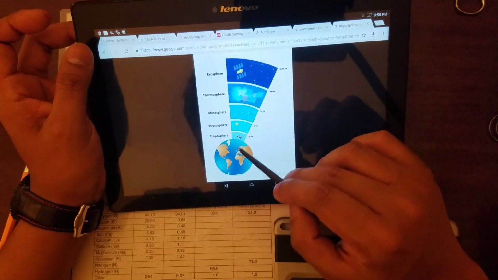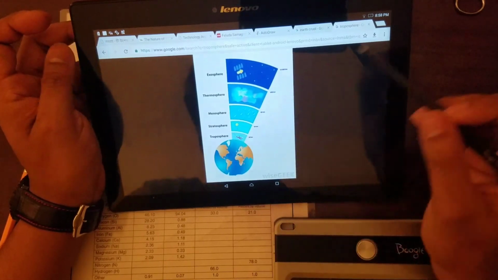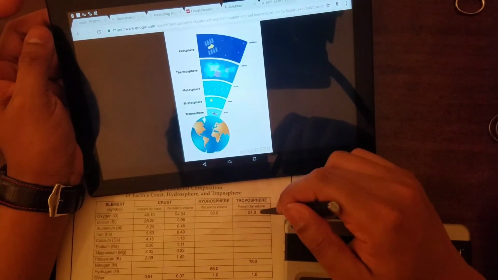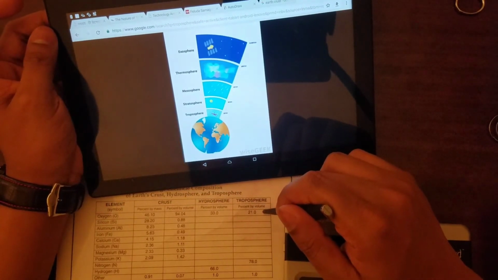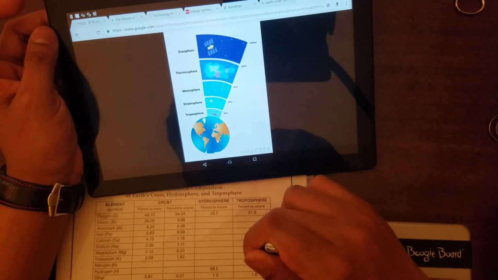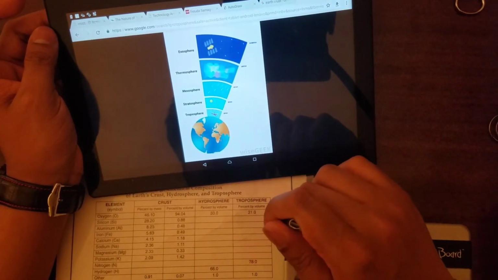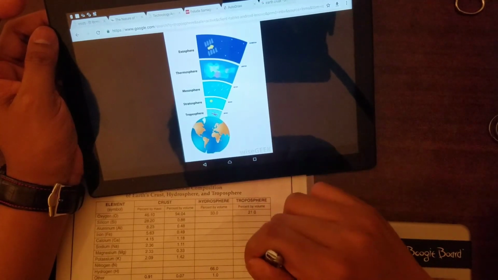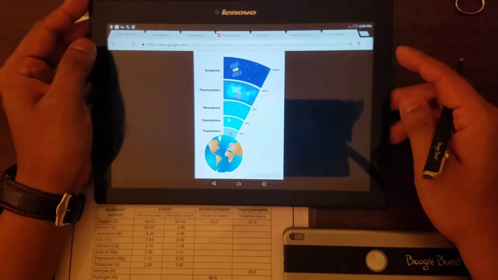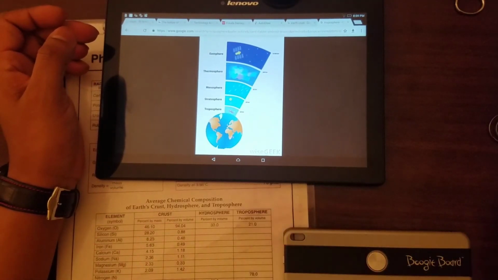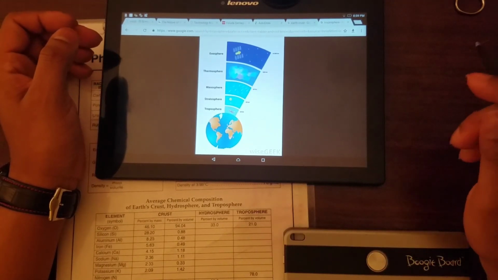If we look at the troposphere, you can see we have mostly two elements, oxygen and nitrogen. Nitrogen is 78% by volume, oxygen is 21% by volume, and other is 1%. So that is all about the average chemical composition of Earth's crust, hydrosphere, and troposphere.